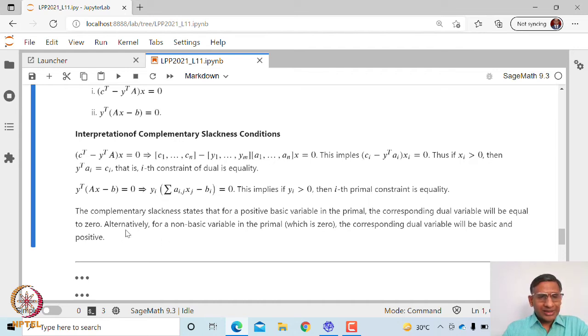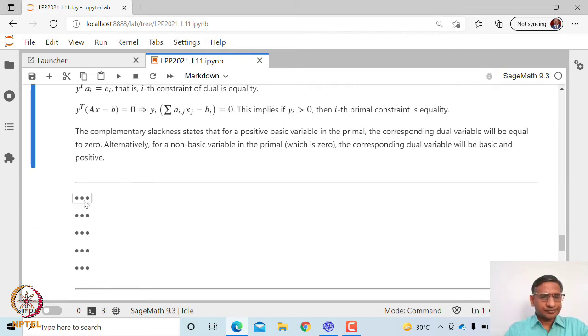Alternatively, if you take the non-basic variables in the primal, which will be the slack variables or surplus variables, slack variables in case you have less than or equal to type, and surplus variables if you have greater than or equal to type, the corresponding dual variable will be 0. We will look at this when we solve an actual problem, and try to see what it means, right?